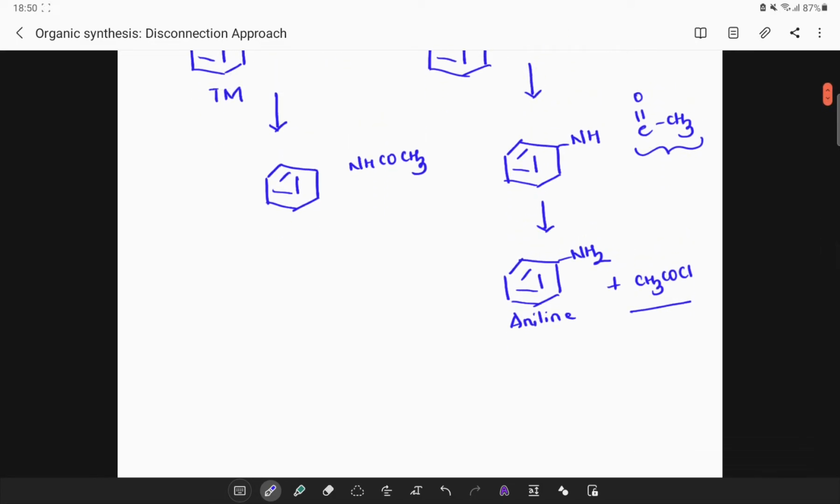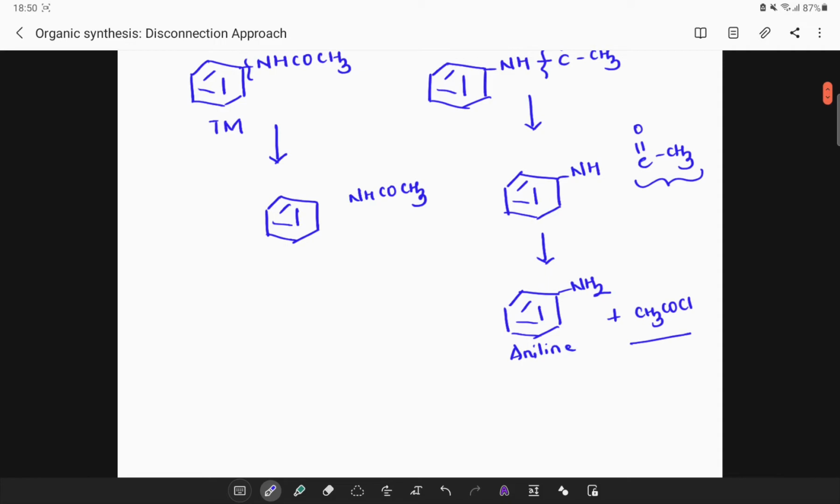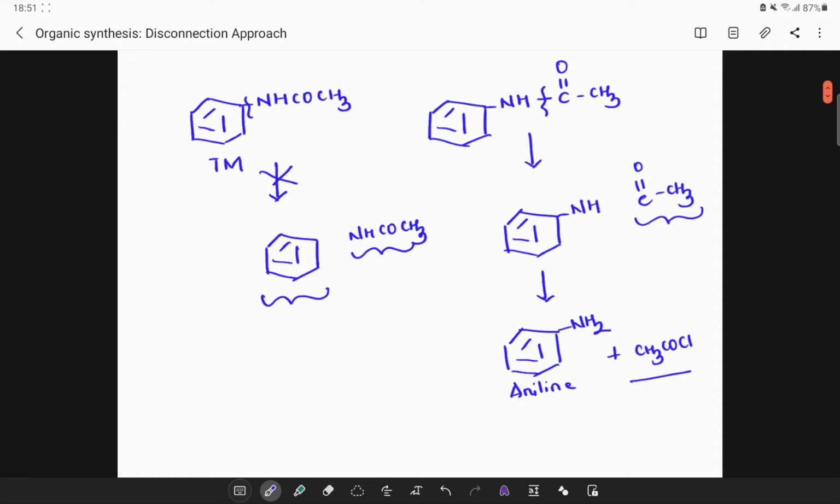In the first system that I tried to disconnect, NHCOCH3 is not commercially available. Of course, benzene is commercially available, but NHCOCH3 is not. So this type of approach is not the right approach for breaking down this molecule. Whereas in the second approach, the breaking down of the bond is quite feasible.